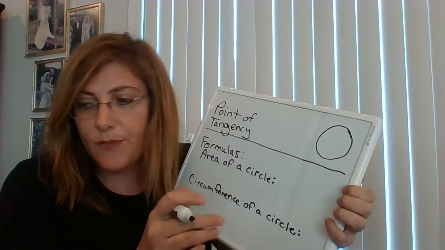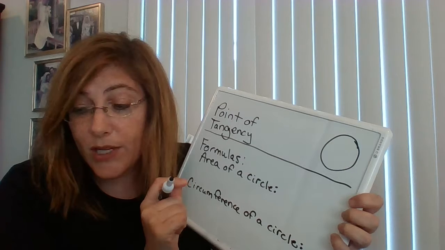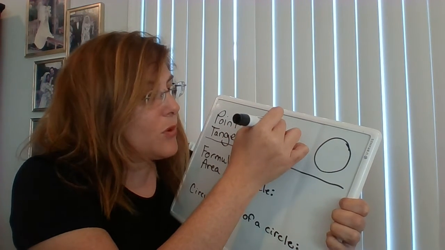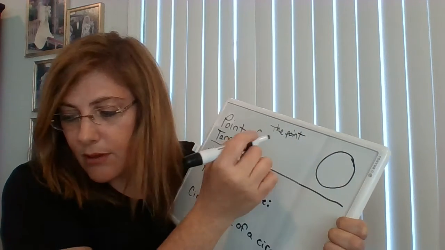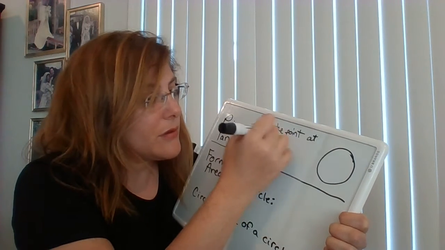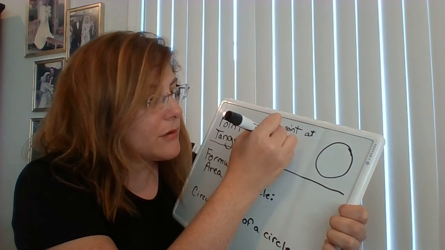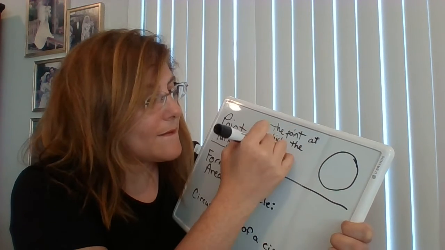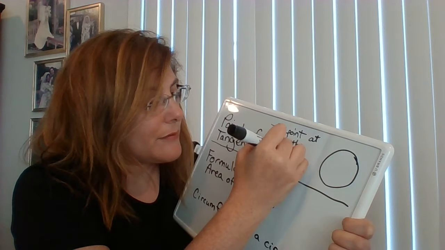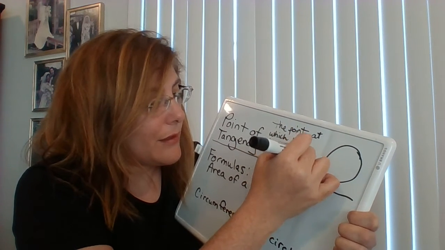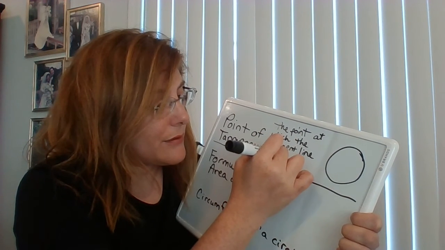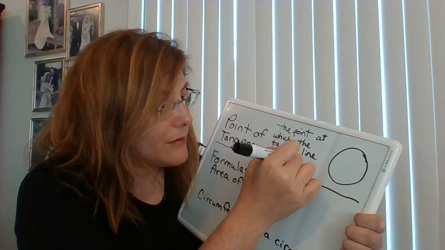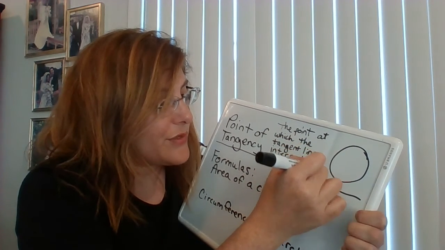So for today, one of them is going to be point of tangency, and that is the point at which the tangent line intersects the circle.